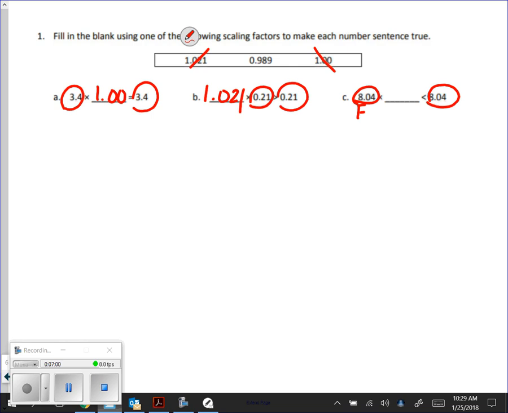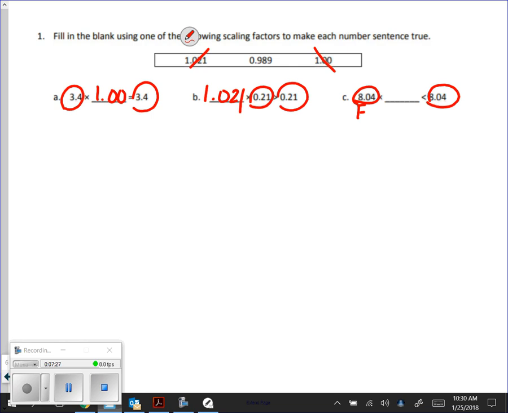8 and 4/100 times something less than 8 and 4/100. I need to multiply something here to make this smaller than my number. Taylor. 989 thousandths. How do you know? Not just because it's the only one left.